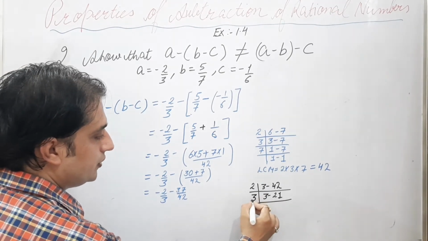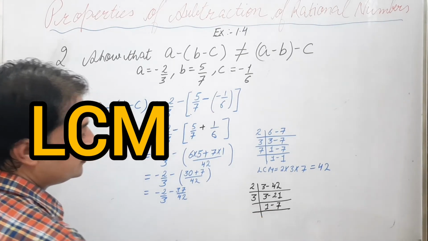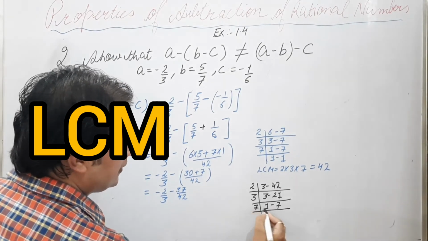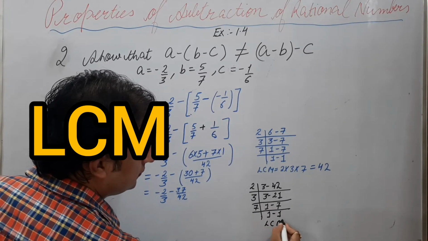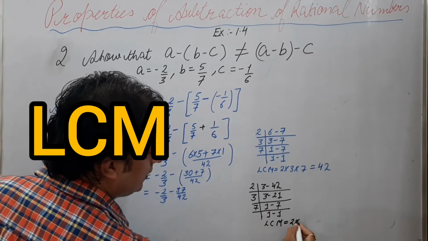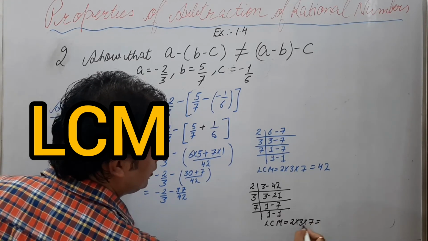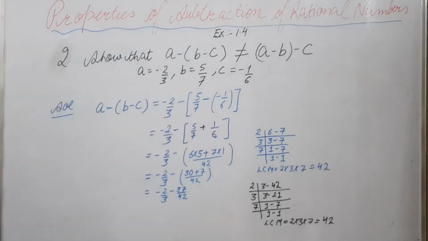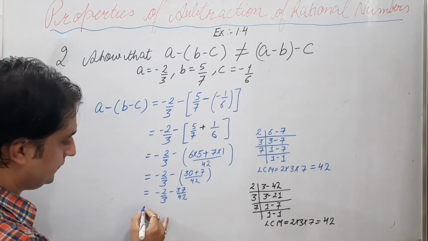So starting with 3, 3 1s are 3, 3 7s are 21. Next 7 1s are 7. Again the LCM is 2 multiply 3 multiply 7. Again 2 3s are 6, 6 7s are 42. So 42 is the LCM. Now solve the two rational numbers.